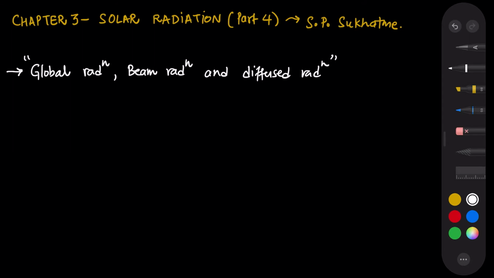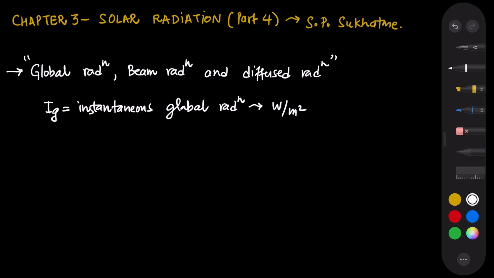In today's topic, we will have a brief introduction about the unit and the basis on which we calculate these values. First of all, the global radiation is denoted by Ig, the instantaneous global radiation, and its unit is watt per meter square.